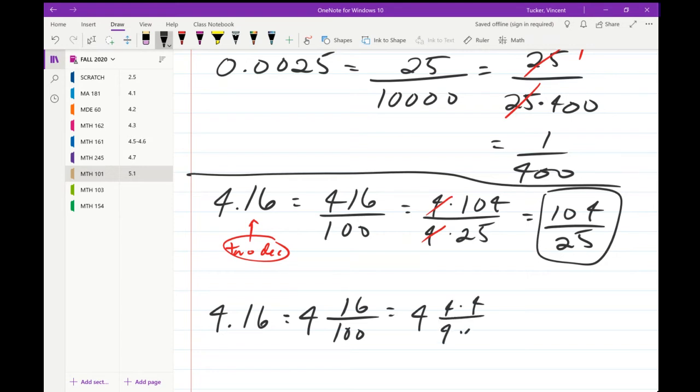The 4s still cancel out, but you have 4 and 4/25. So either one of those answers is fine. Just pay attention to the directions and see what answer they want from you. If they want it as an improper fraction, they should let you know. If they want it as a mixed number, they should let you know. If they don't say either, then it doesn't matter which one you use, and you'll be fine.